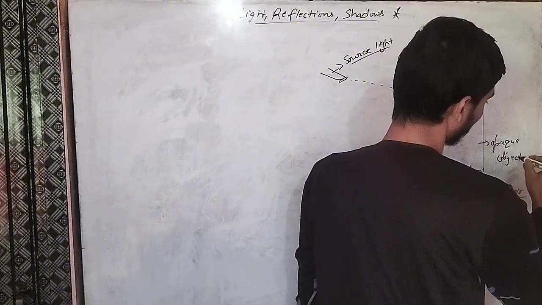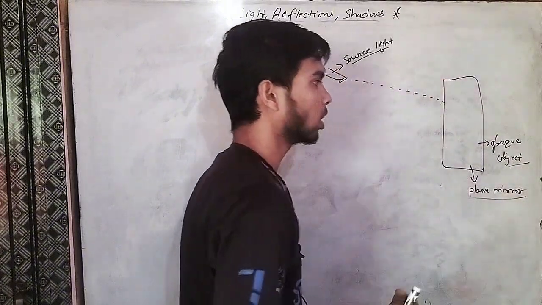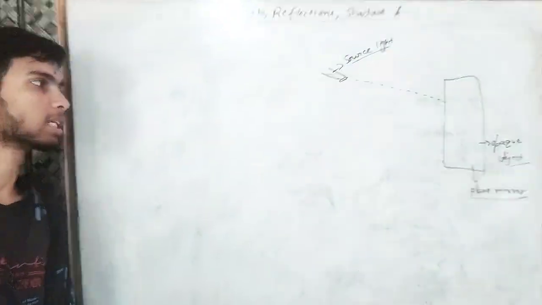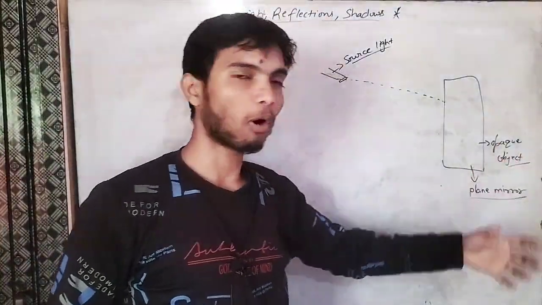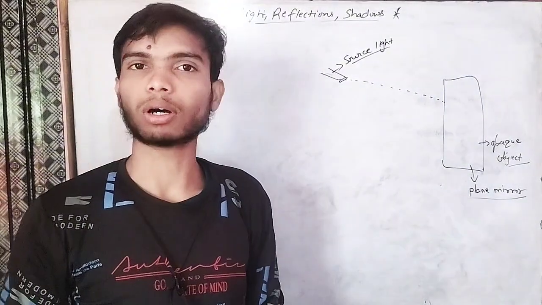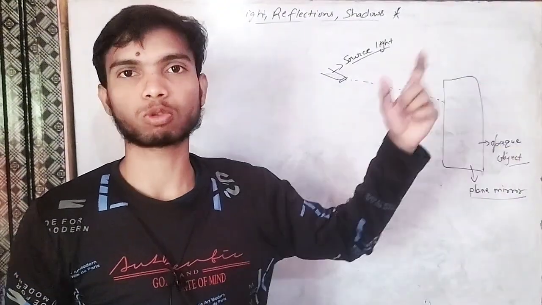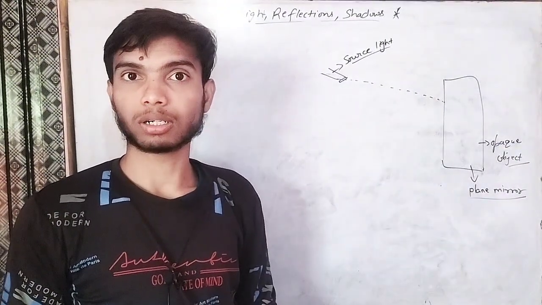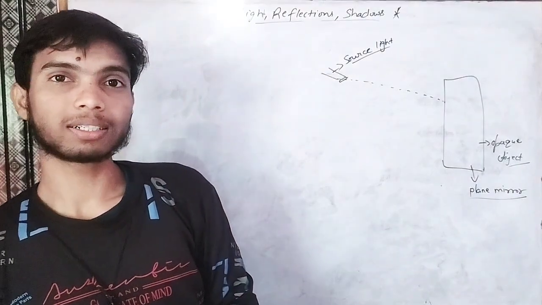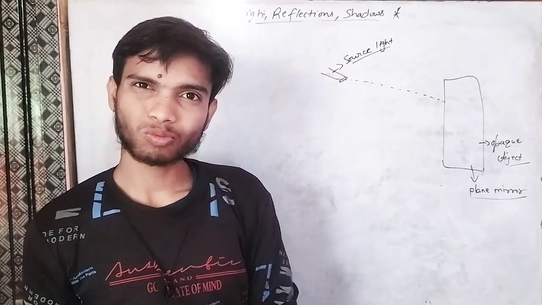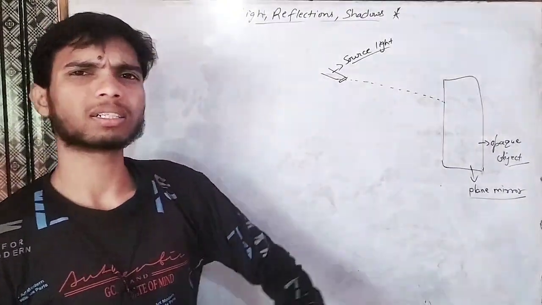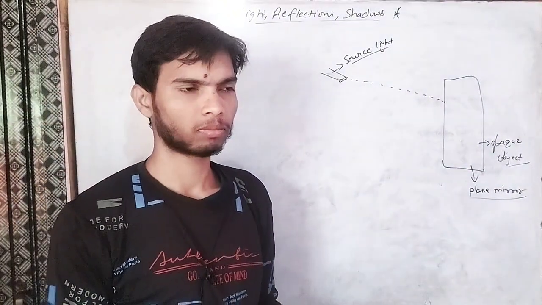Opaque object. As we know, the definition of an opaque object is that this type of object doesn't allow the light coming from the source to pass. So those lights are blocked by this type of object.